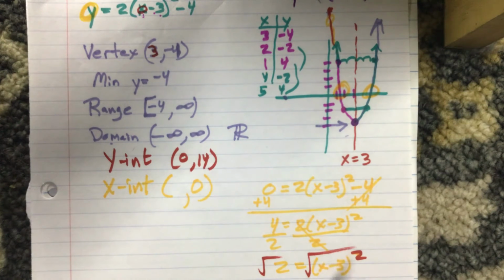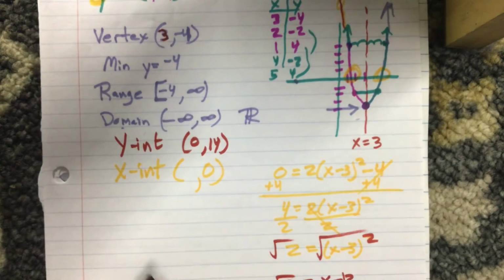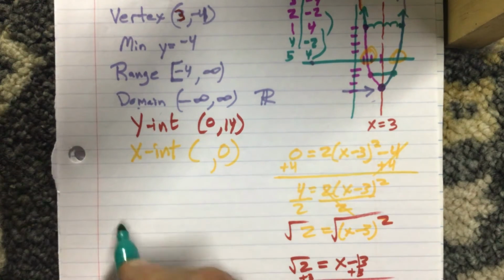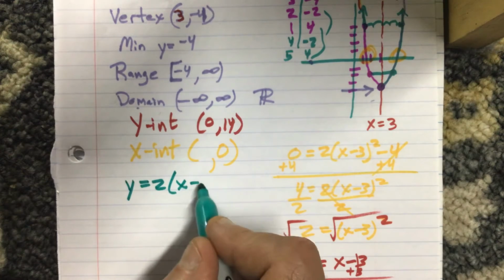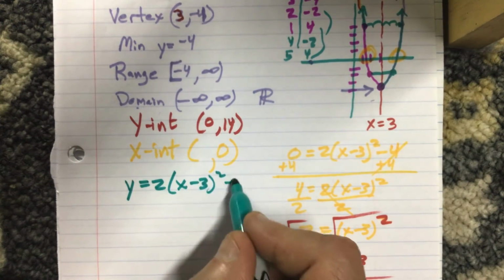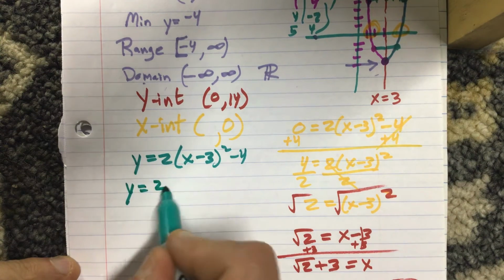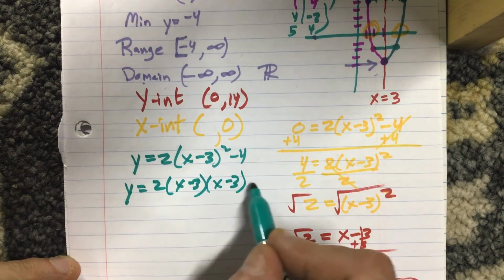The only thing I wanted to do also in this video was to convert to standard form. So if I had this function, the original function was y equals 2 times x minus 3 squared minus 4. If I wanted to convert to standard form, I would do x minus 3 times x minus 3 minus 4.